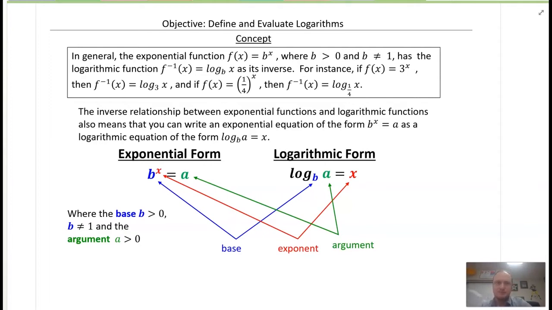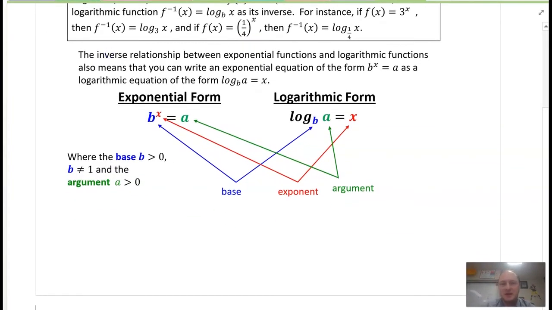If f of x equals 3 to the power of x, then f inverse is going to be log base 3 of x. Another example: f of x equals 1/4 to the power of x, then f inverse is log base 1/4 of x. The key idea here is that the bases are exactly the same.